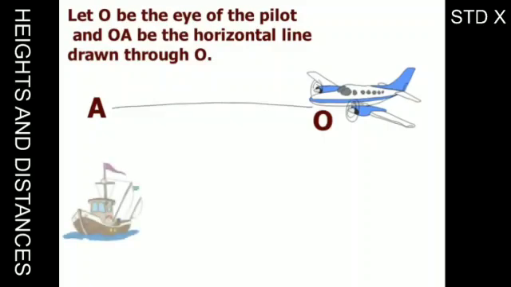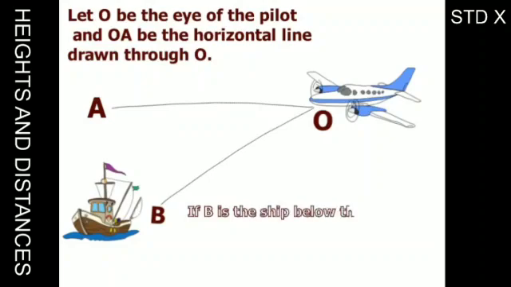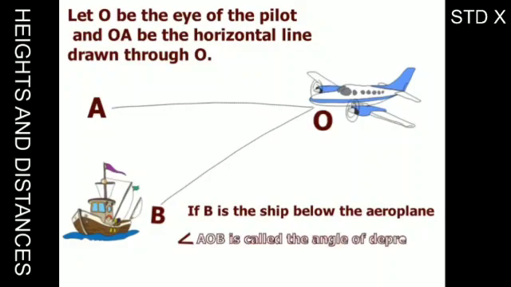Let B be a point on the ship which is below the aeroplane. Again, you draw a straight line from O till B. Again you see one angle here. What is that angle?